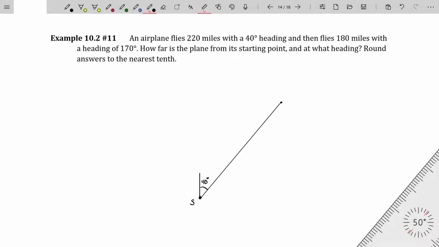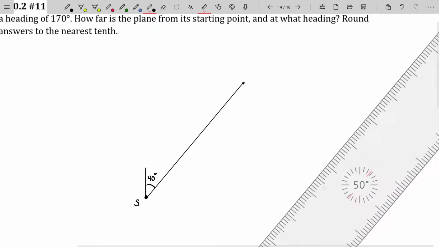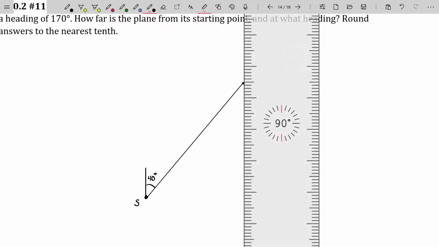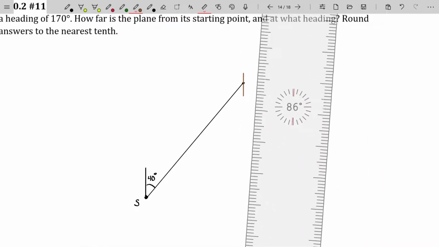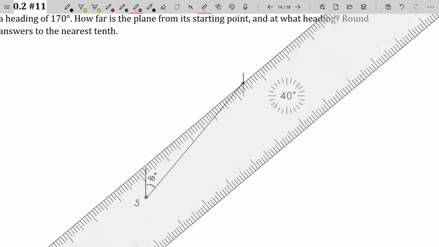Once the plane gets there, it then flies 180 miles with a heading of 170 degrees. I'm going to put a little north-south line there because I need to measure, and maybe I should do my north-south line in a different color, something like brown. Do a little north-south line there. I need that because the plane is going to turn through an angle of 170 degrees clockwise.